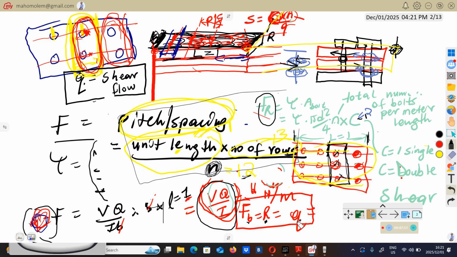So to calculate shear flow is up to you. You can use this formula depending on the information that you have, or you can use this formula. Remember, FB or this R equals this shear flow.